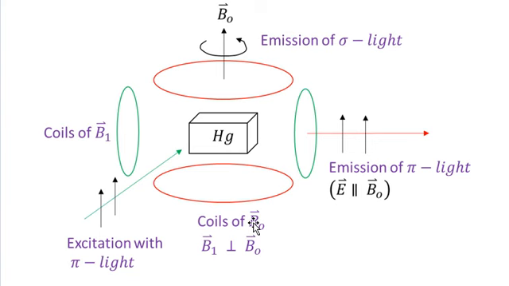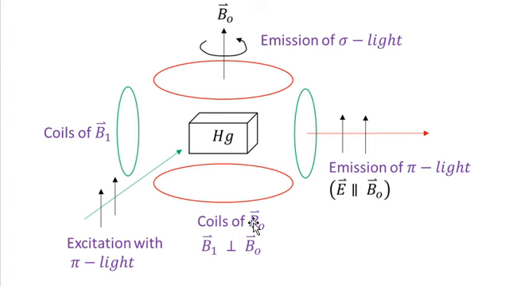But there is another magnetic field due to the coils of B1, which is perpendicular to the magnetic field B0, and it is also applied to the cuvette containing mercury atoms. This magnetic field B1 is a high frequency magnetic field that can be used to induce further excitations in the Zeeman levels of the mercury atoms.